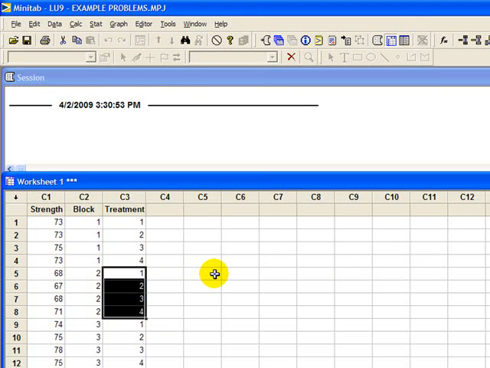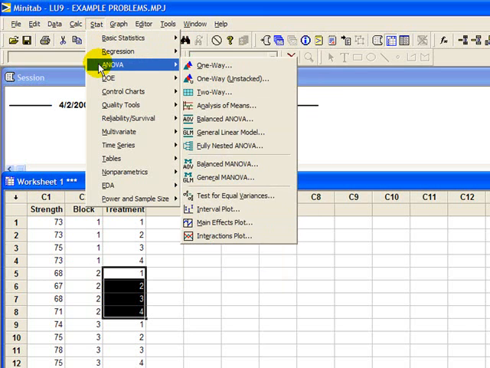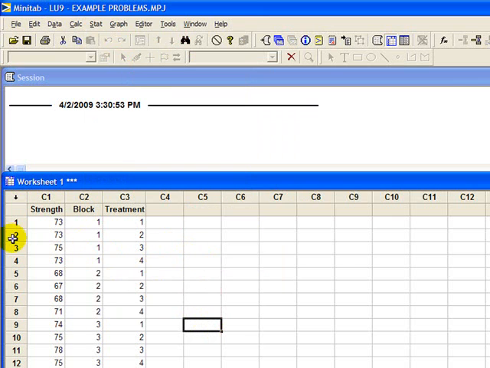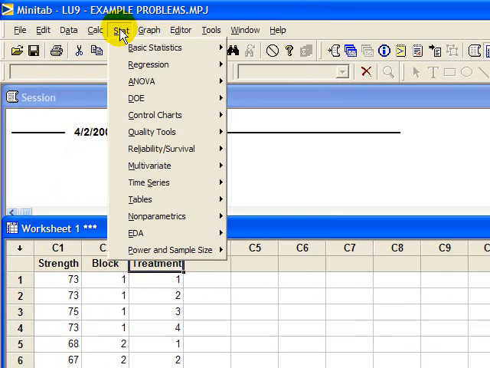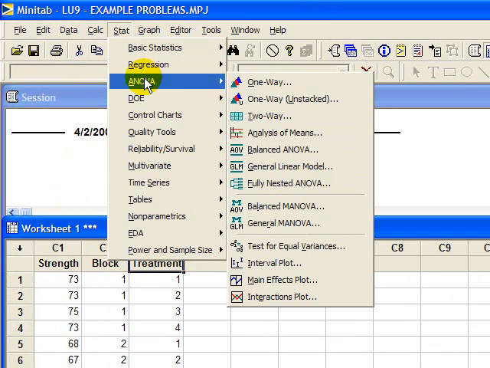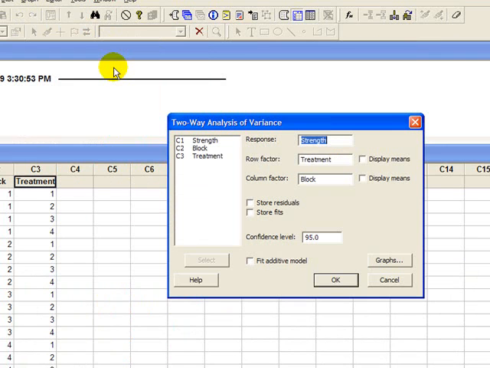Now, in the last few homework problems, you used ANOVA, and then you used one-way unstacked ANOVA, right? Now there is a difference. This time we have two-way ANOVA, because we have a block and then we have a treatment, right? So the procedure is a little different. We're going to go to Stat, go to ANOVA again, but rather than using one-way ANOVA, this time we will use two-way ANOVA, right?